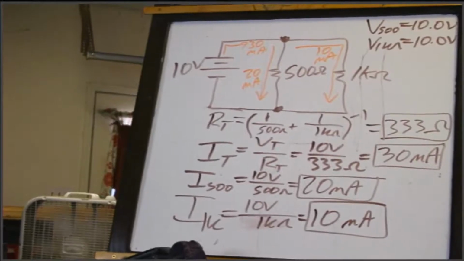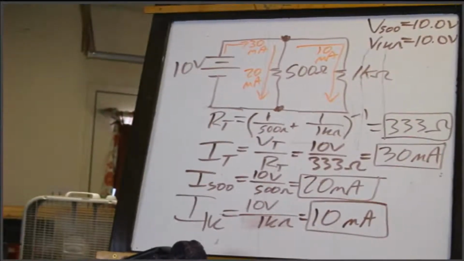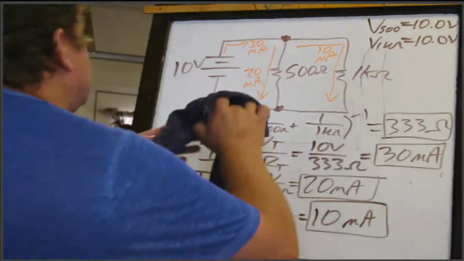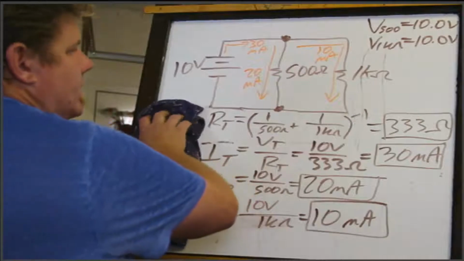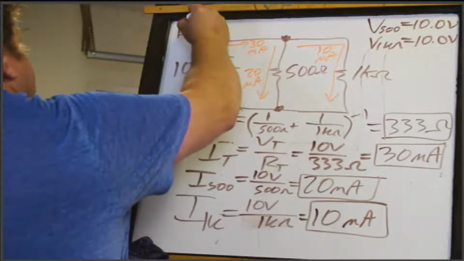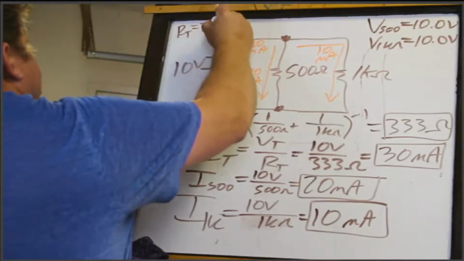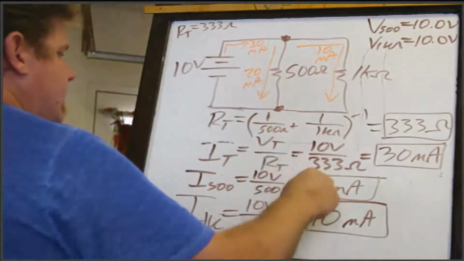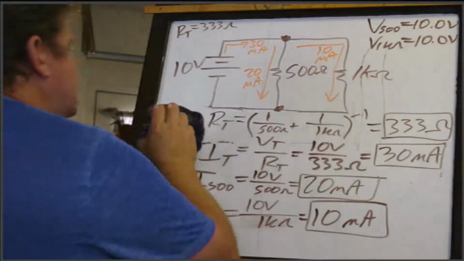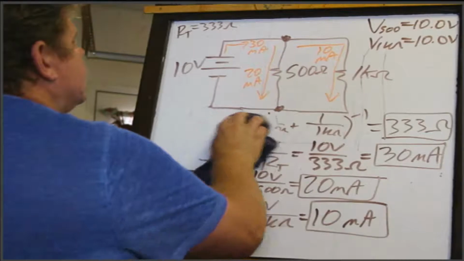Make sure that's in super duper focus. All right. I'm going to write up in the corner here, so RT equals 333. I'm going to go ahead and erase this.